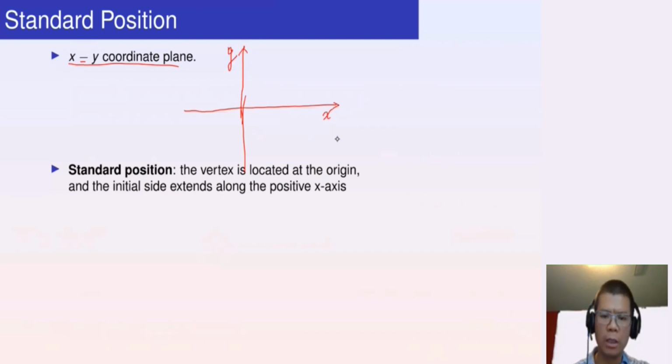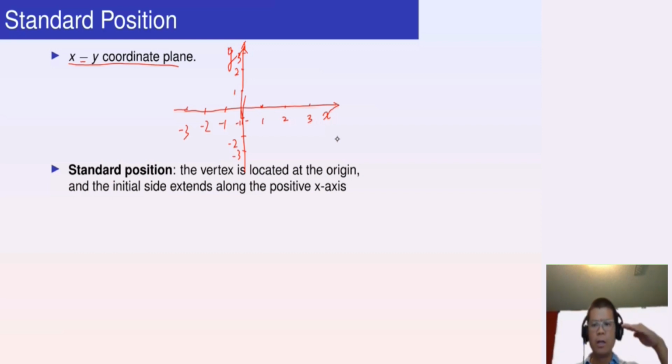You have units 1, 2, 3, and on the negative side -1, -2, -3, and likewise on the y-axis. Okay, so basically this is a sketch of the XY coordinate plane.